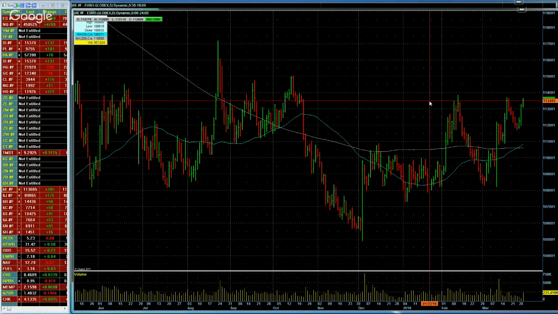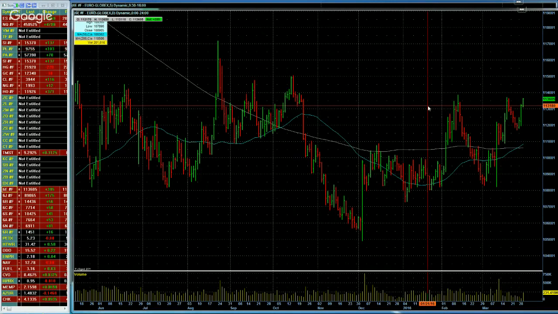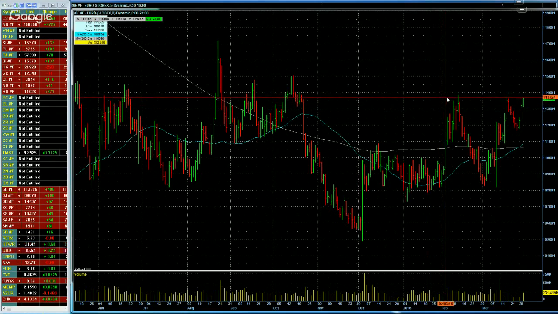Today is March 30th, right? So you're going to look at the chart and see. At this level, it's 113.75. We're either going to see a breakout and a close above the level, or we're going to see a false breakout. We're going to go higher and then come back lower.